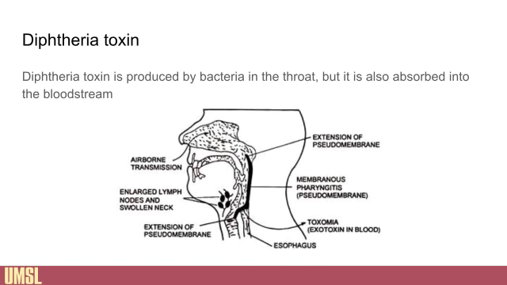And so when these bacteria in your esophagus and nasopharynx start producing this toxin, it rapidly gets into your blood, and you can end up with essentially this exotoxin in your blood, and then a systemic response to this toxin.